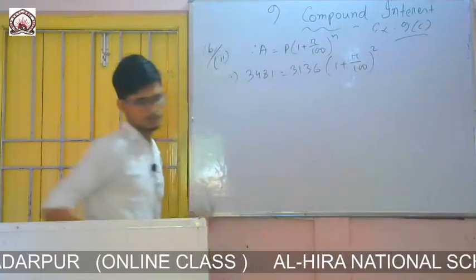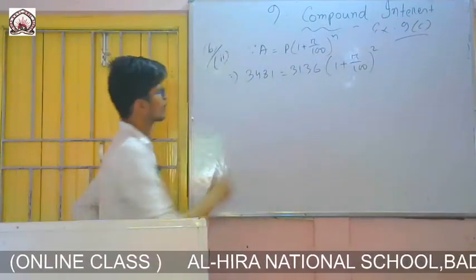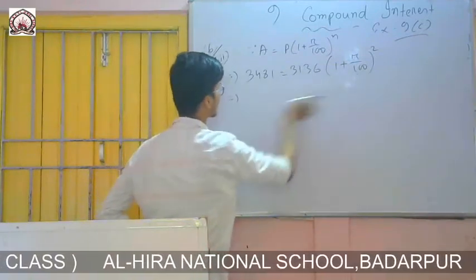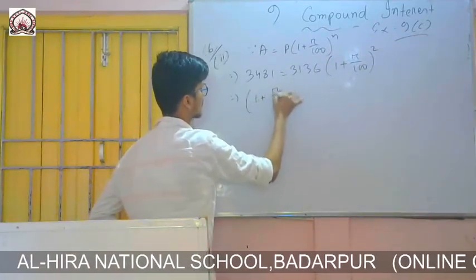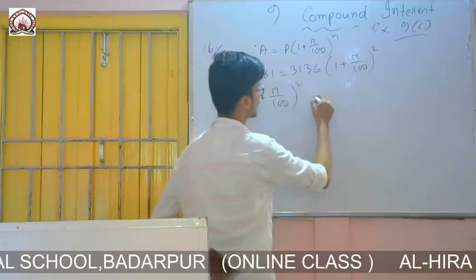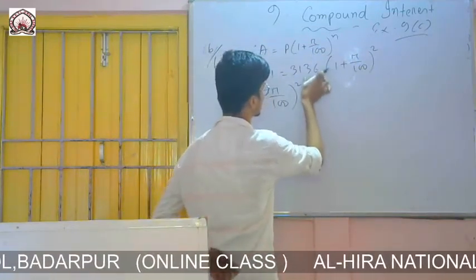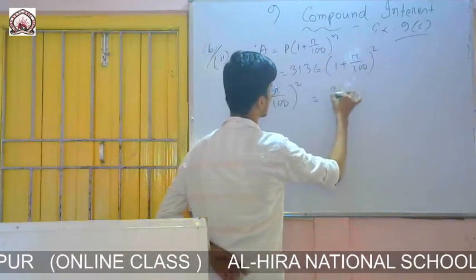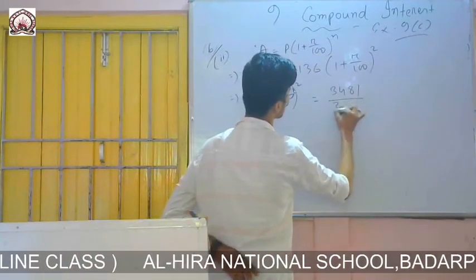Okay, so now we'll solve this one. Like earlier, I will change the side, the same method as earlier. You see carefully, here square is there, that means I have to change this number. It will be 3481 divided by 3136.